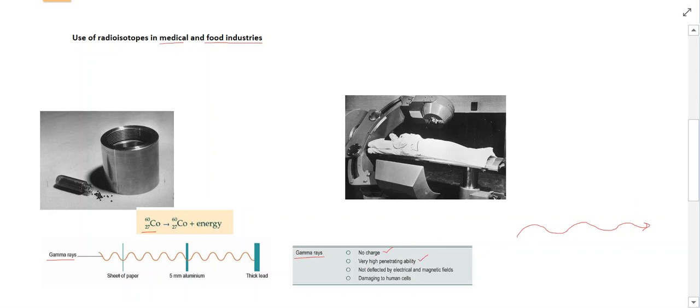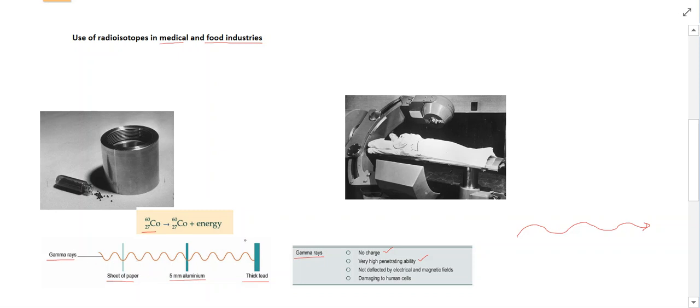If we have a look at this, gamma rays will just pass straight through a sheet of paper, straight through 5 millimeters of aluminium, and it takes really, really thick lead or a really thick piece of concrete, for example, to stop this gamma radiation penetrating through.